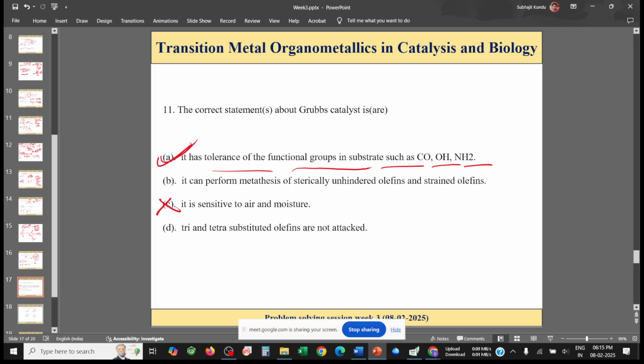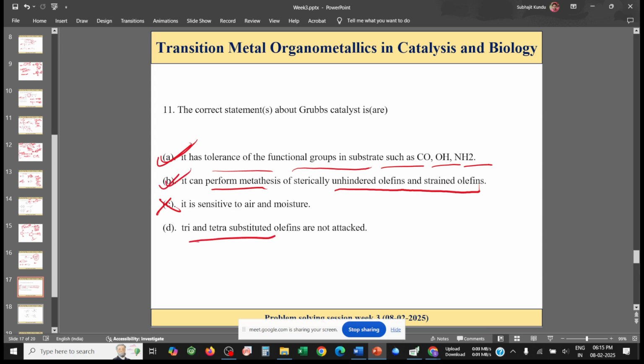That is why it is sterically sensitive. It always performs metathesis on unhindered, unstrained olefins, which easily undergo the metathesis reaction.